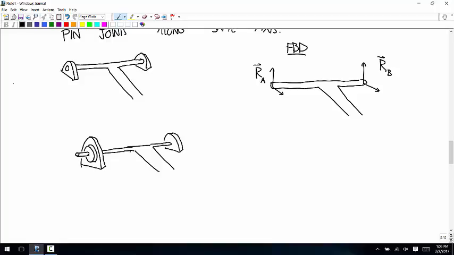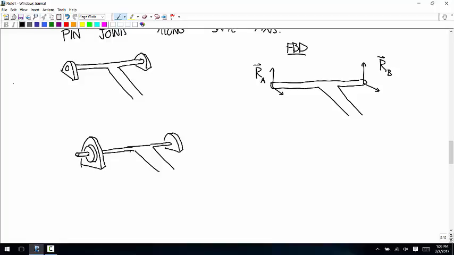Okay, so this time that bracket is surrounded by two of these flanges that keep the pin from sliding through on the left side.